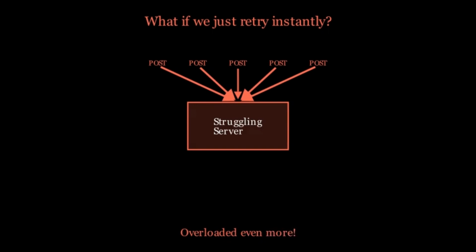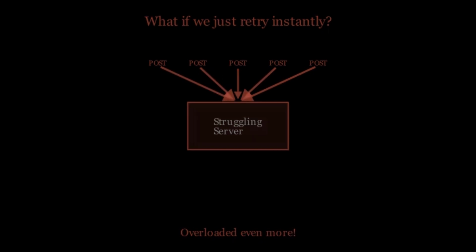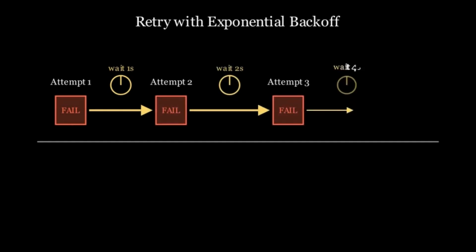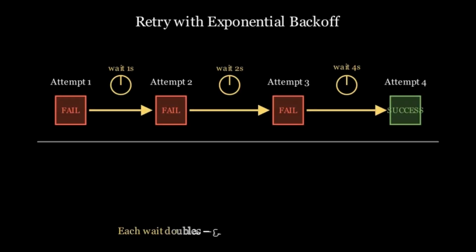We're hammering a server that's already overloaded, making the problem worse, not better. Instead, we use exponential backoff. After the first failure, wait 1 second. Fails again, wait 2, then 4. Each wait doubles, giving the server time to recover, while still giving the event multiple chances to get through.